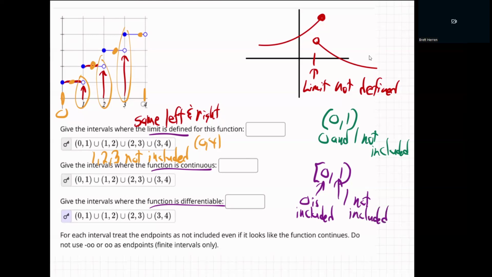You can put brackets on both, parentheses on both, or mix one bracket and one parenthesis. Brackets have a straight edge, so think of being straight on that point. Parentheses are rounded, meaning you're around the 1, but not straight on the 1.